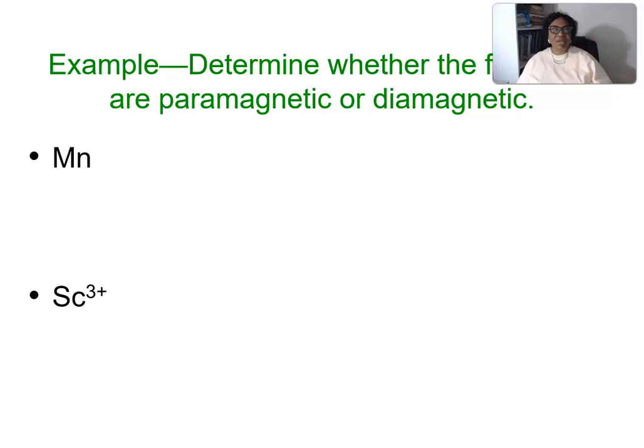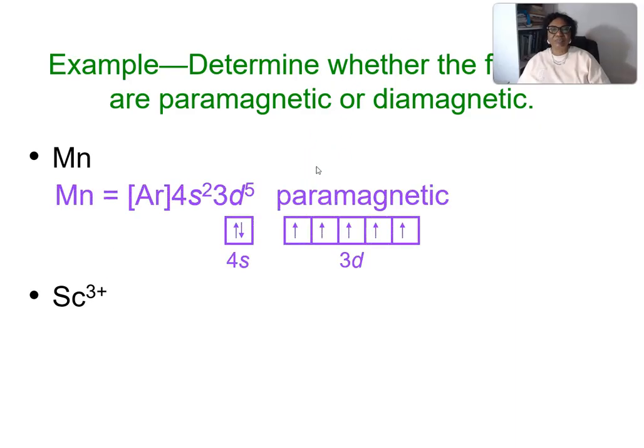Let's look at manganese, and in order to do that, we need the orbital diagram. If you don't have the orbital diagram, you will not be able to know whether the electrons are paired or not. So you have to write the orbital diagram, especially of the valence electrons. So this is manganese, argon core 4s2 3d5.